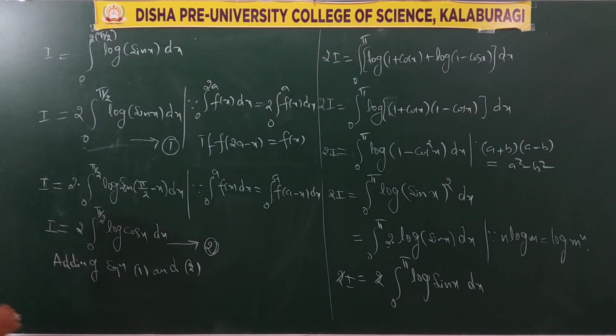So that is I plus I, 2I. And here 2 times log of sin x, here 2 times log of cos x.